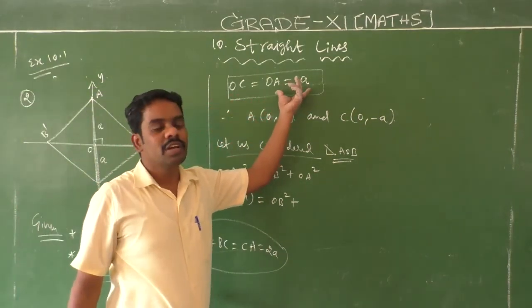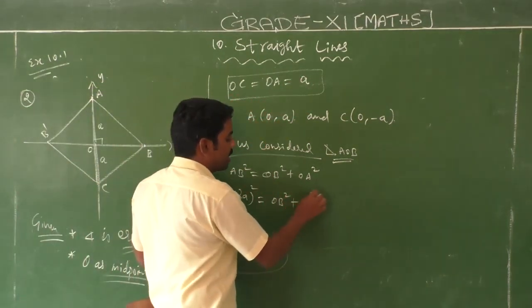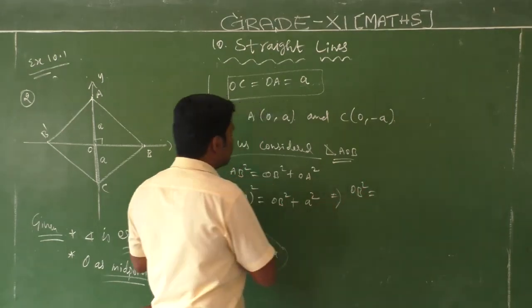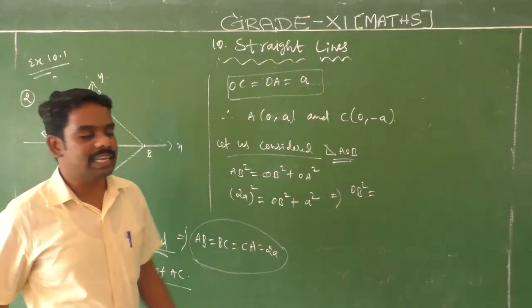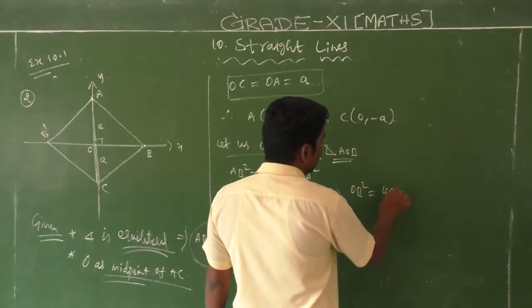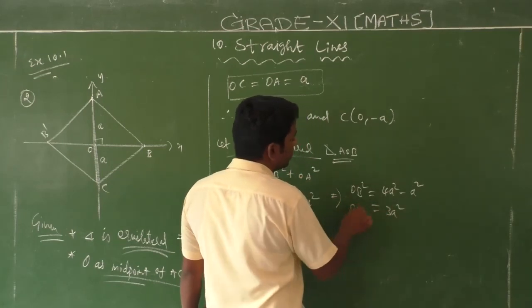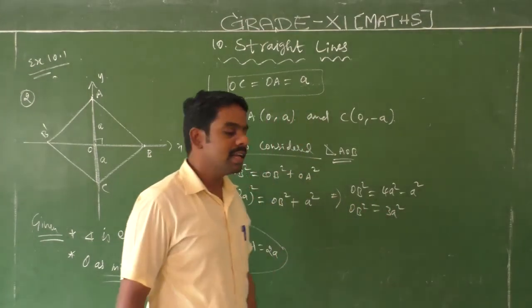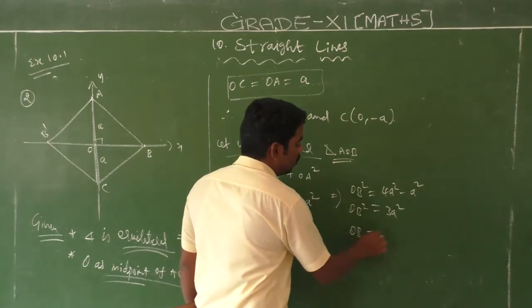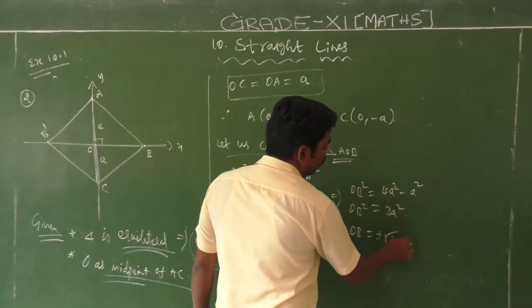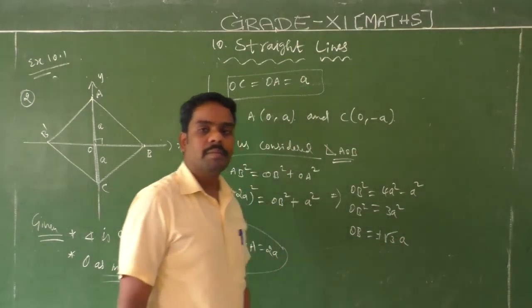Substituting this value, OB squared equals (2A) squared minus A squared, that is 4A squared minus A squared, which is 3A squared. So OB squared equals 3A squared, then OB equals plus or minus root 3A.